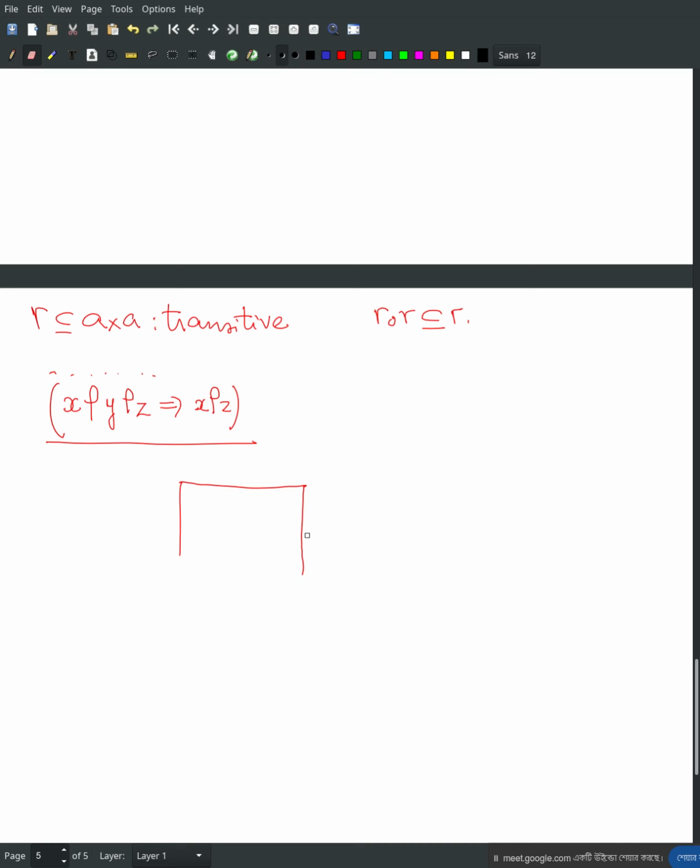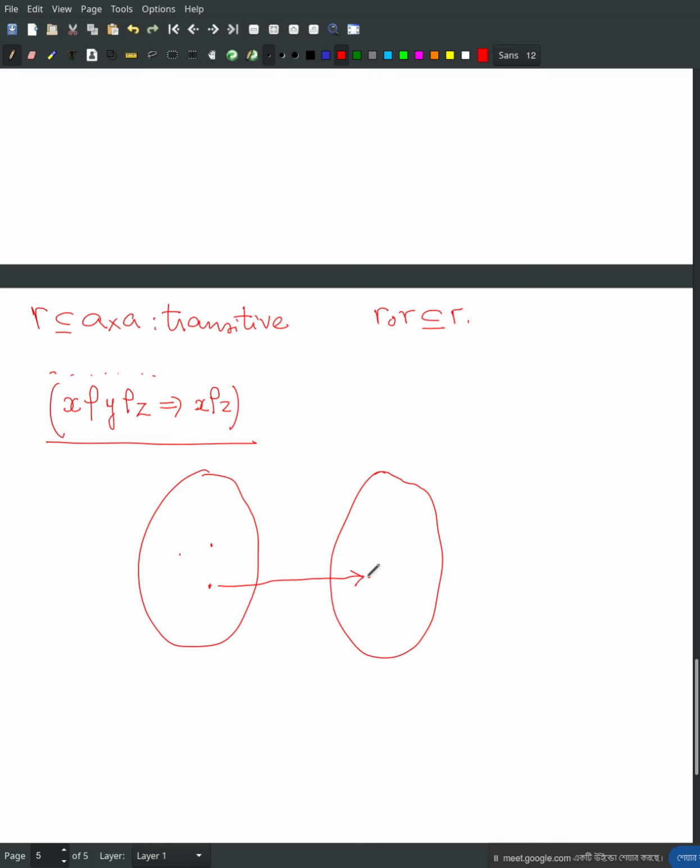What am I trying to do? This one is a little difficult to figure out in that box type. So if you take an xy, if you can find a common element, you will go from here and then you go from here.